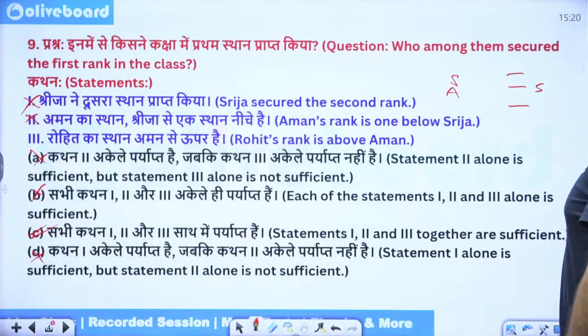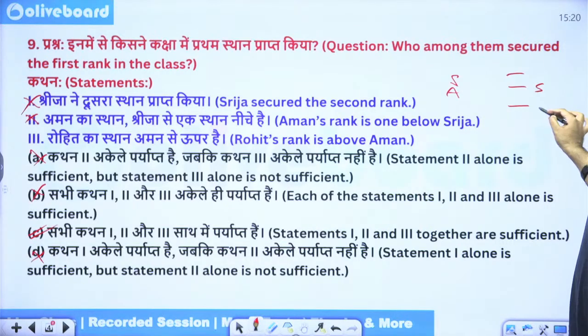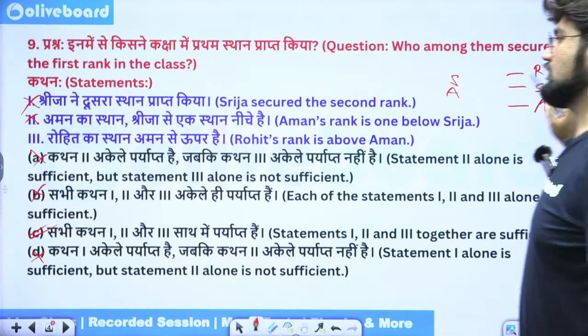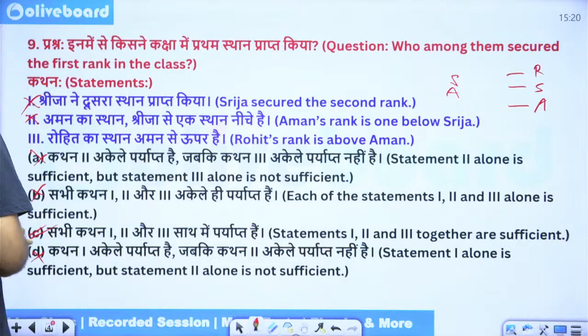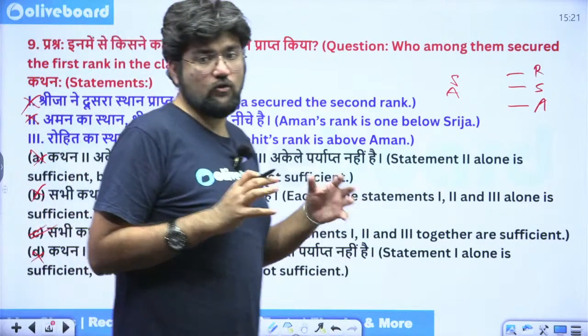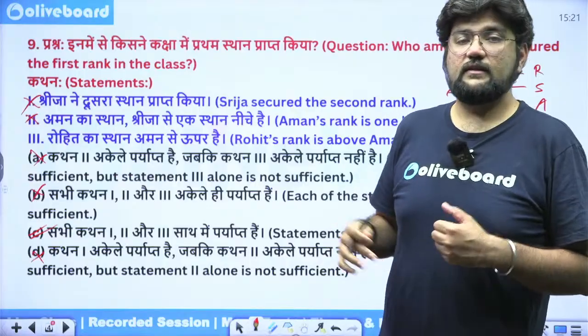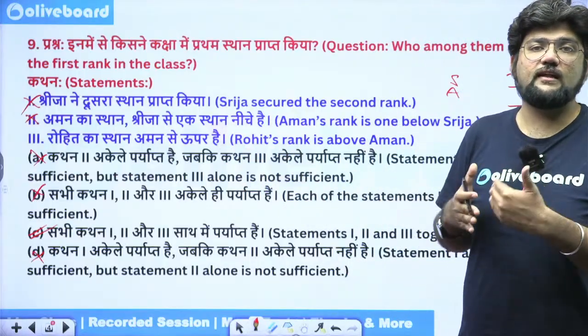Rohit is above Aman. Shrija secured the second rank. Aman's rank is 1 below Shrija and Rohit is above Aman. You will take all 3 of them to get the first rank. You will say, sir, but I can find out with only 2 statements. Yes, you can. But they have not given it to you in the options. Now, do you see how they handhold? They are restricting you from thinking in a regular direction.